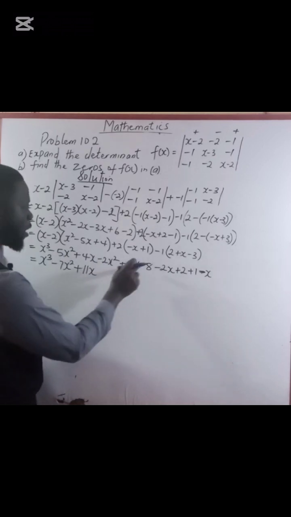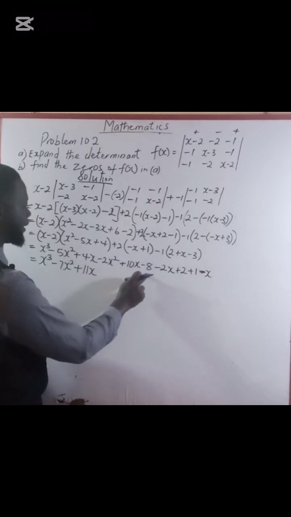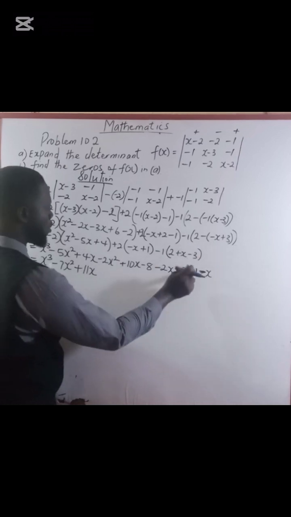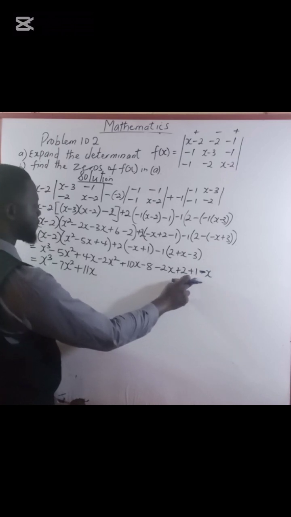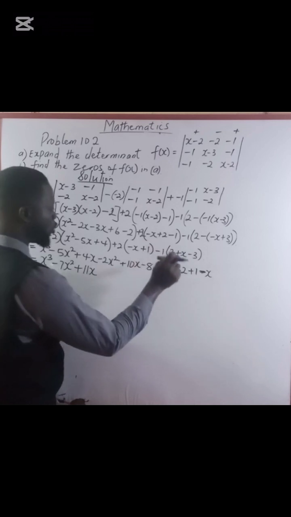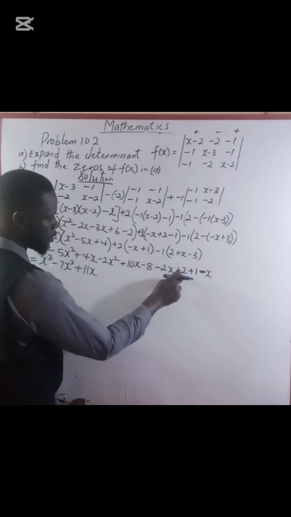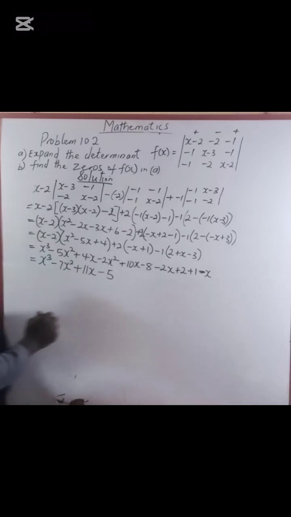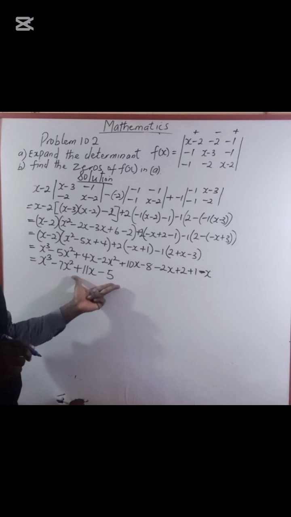Then the final one, minus 8 plus 2 plus 1 will give us minus 5. So we've gotten an expression.